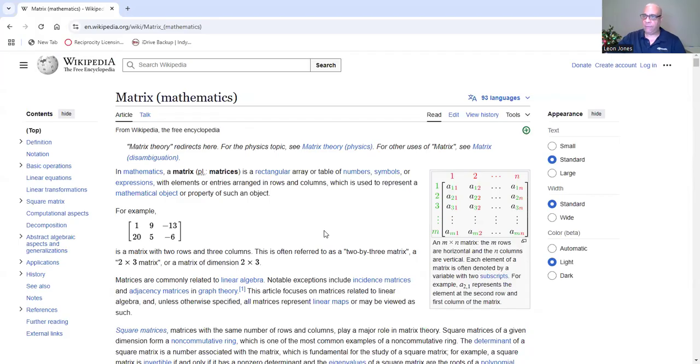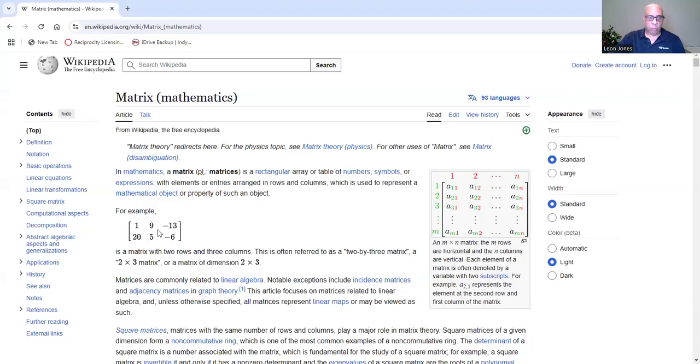Matrices can be 2 by 2, 3 by 3, or go up to as large as you want. In a matrix, the numbers are arranged in rows and columns to represent a mathematical object or property of such an object. If you look at this matrix right here, this is an example of a matrix.